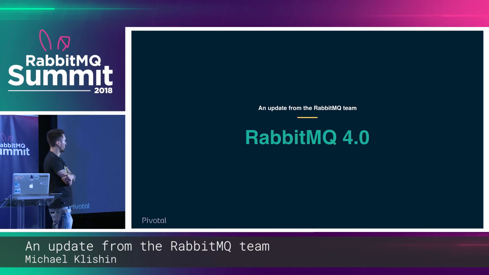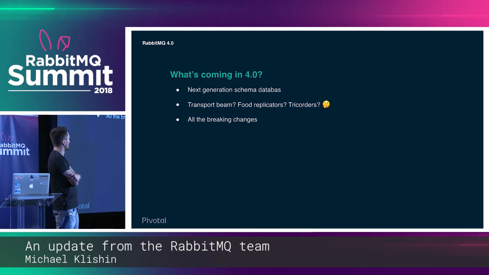And 4.0, finally, that's where the next generation schema database is going to ship. I don't know, everything else is all the breaking changes we can fit. The last time RabbitMQ shipped a major version was 2012, I think. So we might introduce food replicators, tricorders, I don't know, transporter beams. Yeah, you can tell I'm a Star Trek fan.